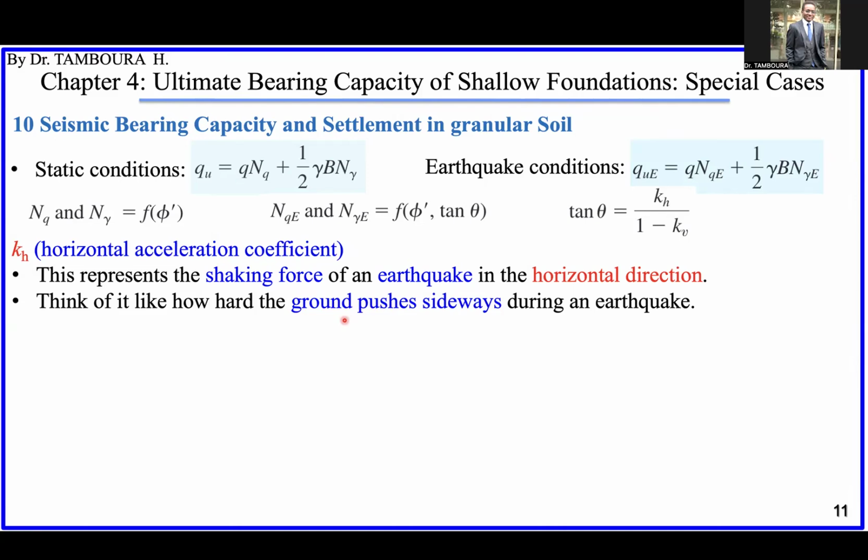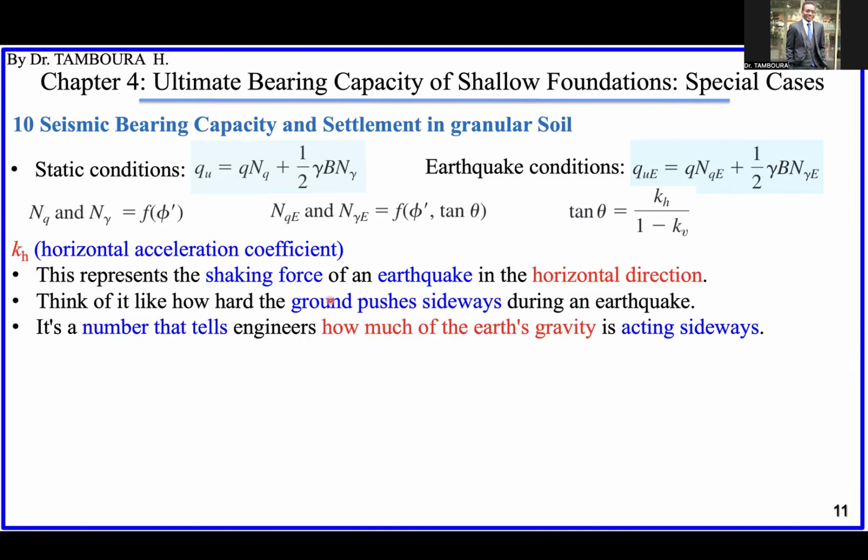If the car, for example, turns suddenly left, you will be pushed right, in the sideways direction. So an earthquake is really pushing the ground in a horizontal way, and this is the meaning: the shaking force, the power, the force with which the earthquake is pushing the ground.